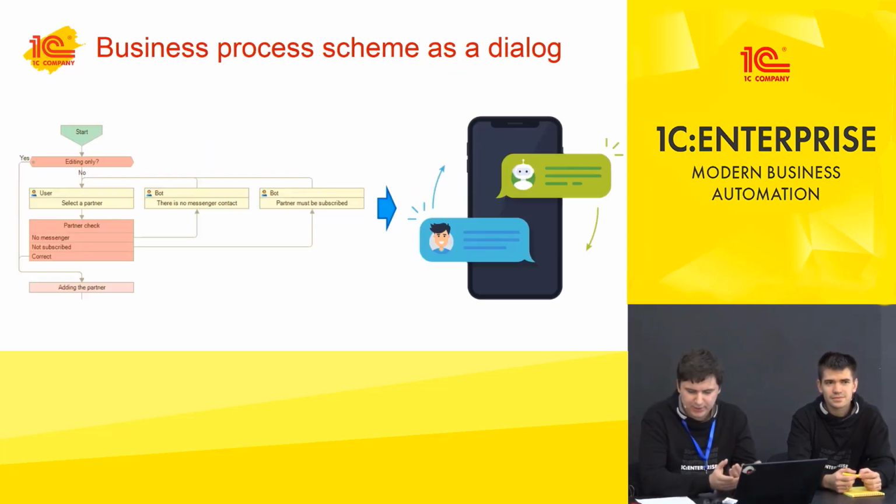And the 1C platform apparently contains a mechanism called business processes, which allows you to create a workflow of some business logic using diagrams. And it perfectly fits for a chatbot.